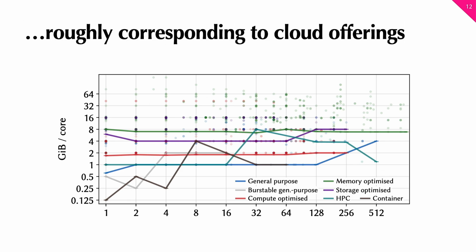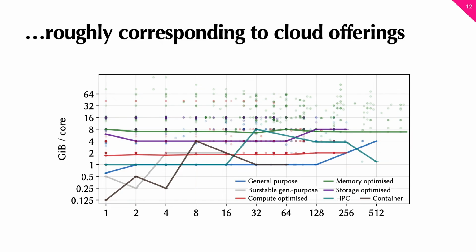And if we look at cloud machines, looking at AWS, Azure, GCP, OCI, we see cloud instances that you can buy off the shelf with these configurations. You have a bunch of different configurations of different sizes. They correspond fairly well to the machines that researchers are using, and the general purpose here is at 1 gigabyte per core, roughly, and then you can go above that.